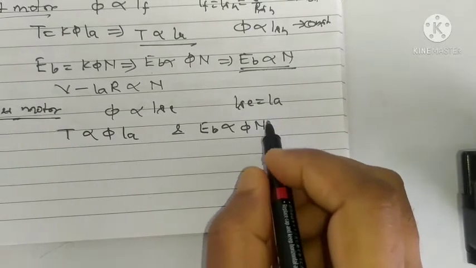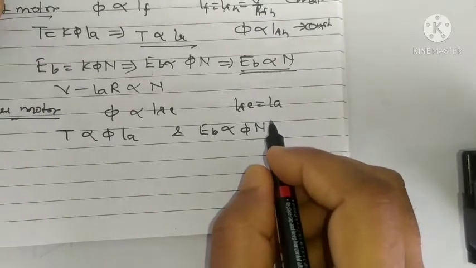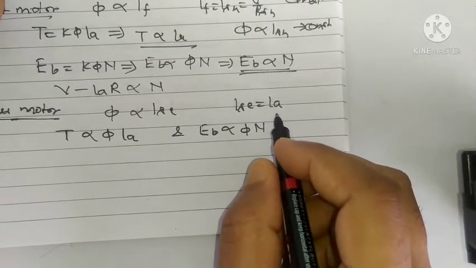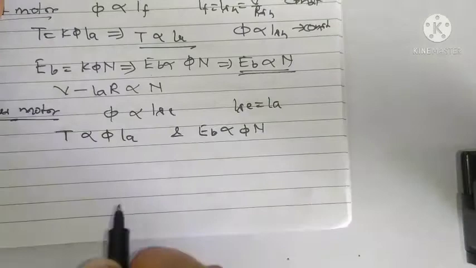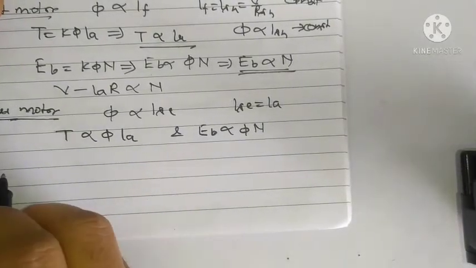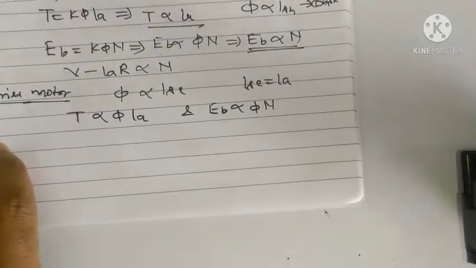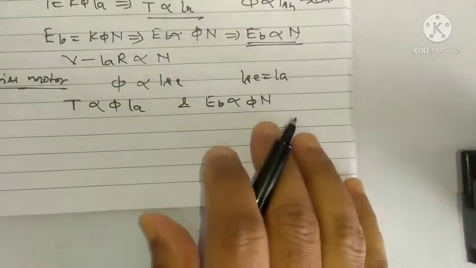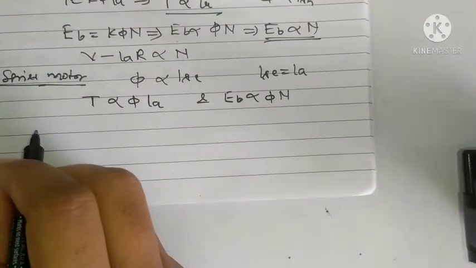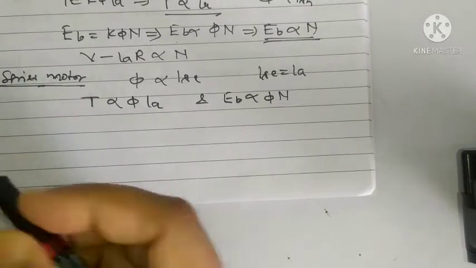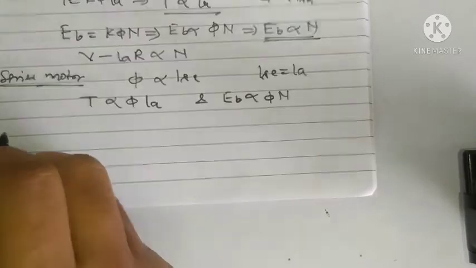So phi cannot be treated as constant. Phi will increase if load increases, right? And phi will increase up to a certain value, that is saturation value. So we will see saturation also. So let us consider two conditions, saturation and unsaturation. In unsaturation, phi will not be constant, but in saturation phi will not increase beyond a certain limit.